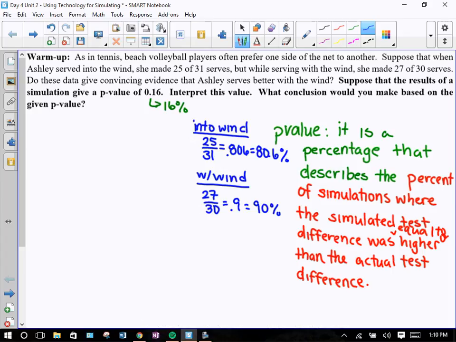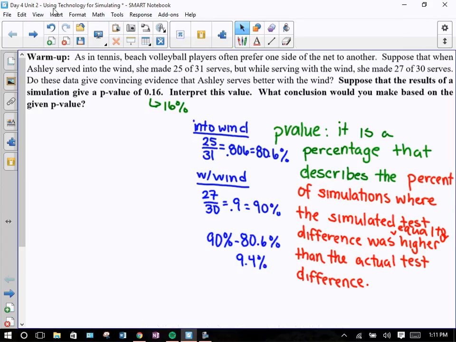If it said, does it give convincing evidence that she serves better against the wind, then it would be this minus that. So with the wind minus into the wind, it's going to be 90% minus 80.6%, which is equal to 9.4%. That's our test statistic.